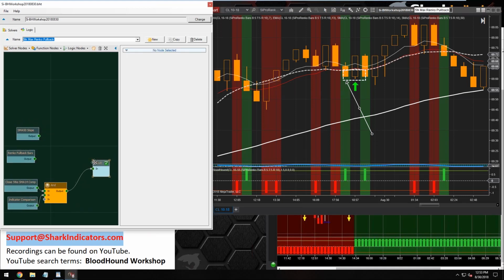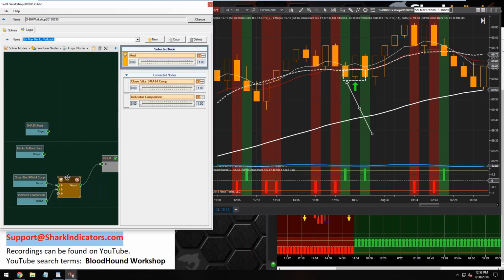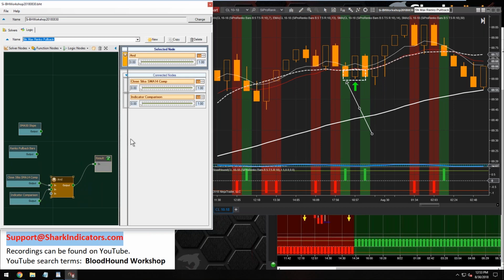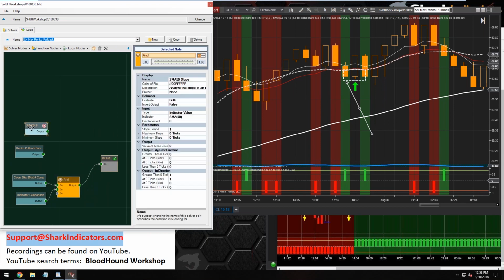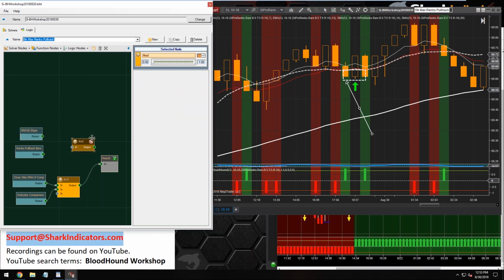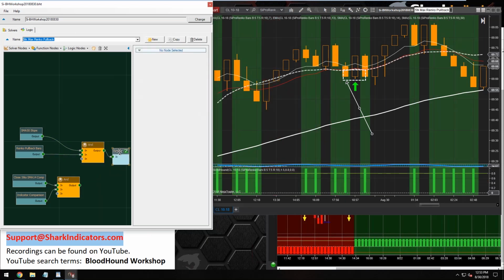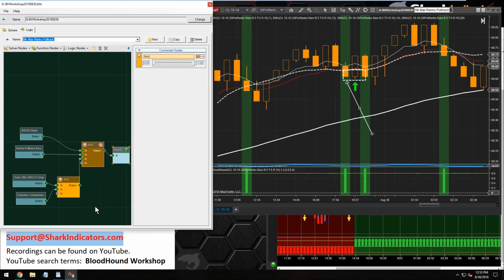So depending on how you like to do this, all of these could just be connected into the same AND node if you like, if you'd like to just take the easy route. But if you like things to kind of look nice and centrally organized, then we could do something like this.